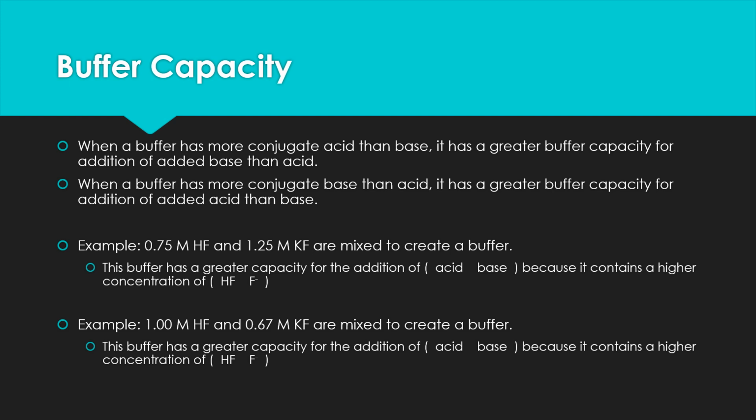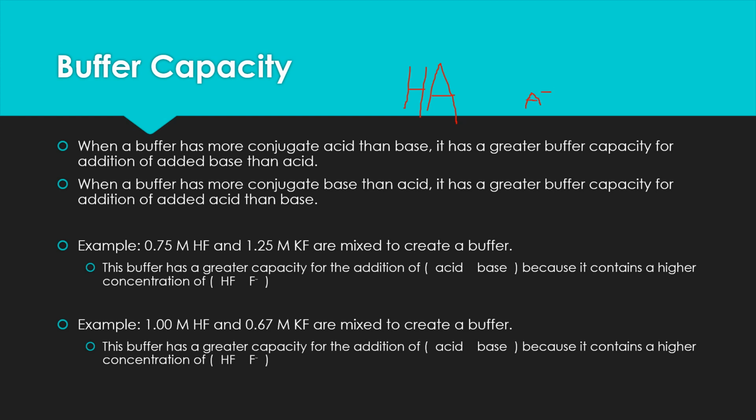All right, let's look at one more aspect of buffer capacity. This is our last slide. So when a buffer has more conjugate acid than base, it has a greater buffer capacity for the addition of added base than acid. So say I've got a lot of my weak acid, and less of my conjugate base.